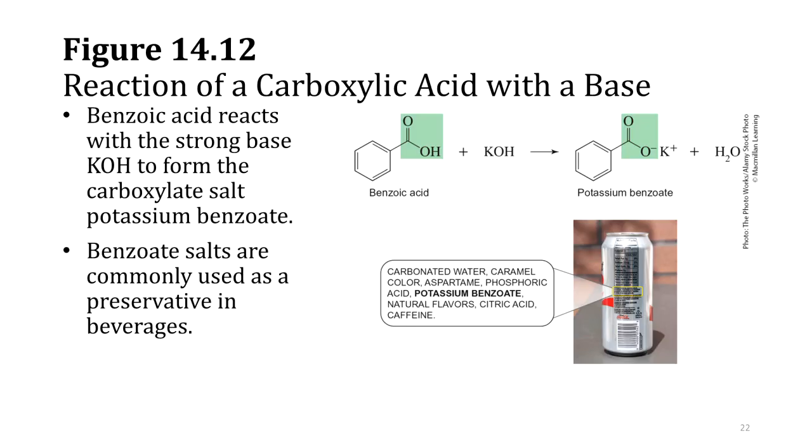There are other cases where carboxylic acids have important applications. Benzoic acid can react with potassium hydroxide to give potassium benzoate and water. If you remove the water, you end up with the salt, a crystalline salt, potassium benzoate.